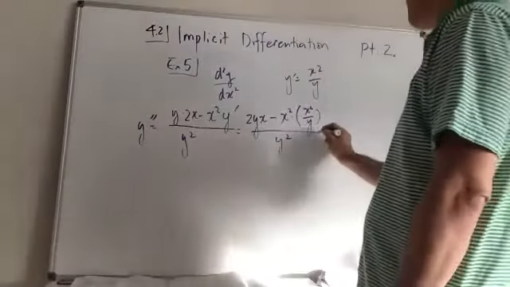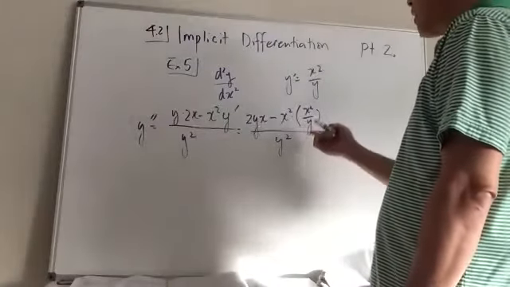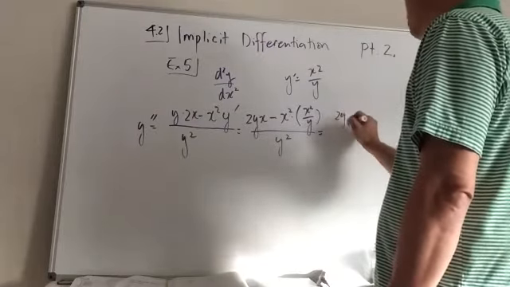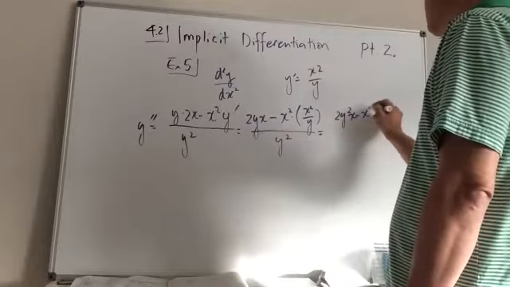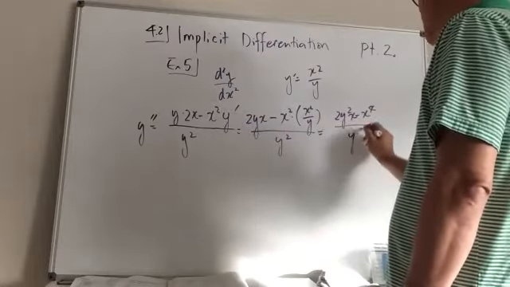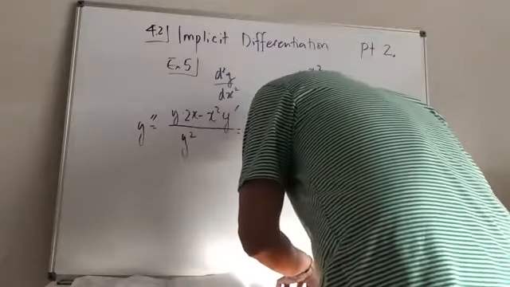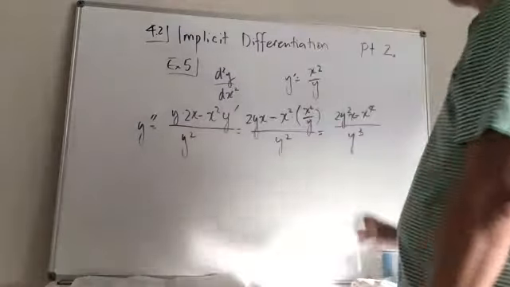Okay, so if I now take the y down here, I'm going to get what? 2y squared x minus x to the 4th over y cubed. Okay, is that correct? Yeah, looks like we're good. So this is going to be your answer.